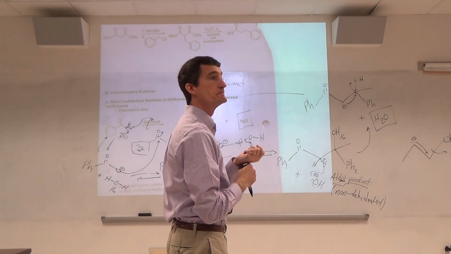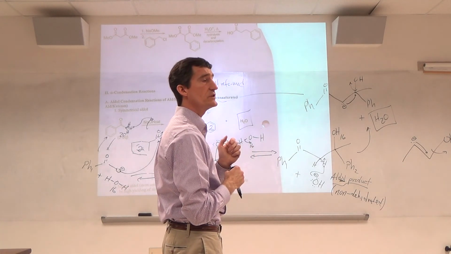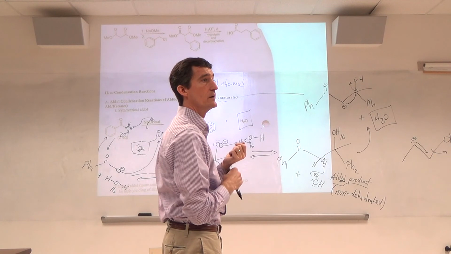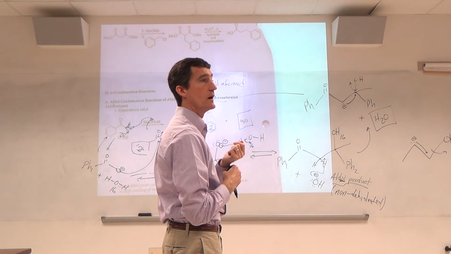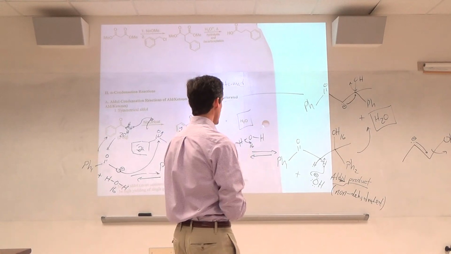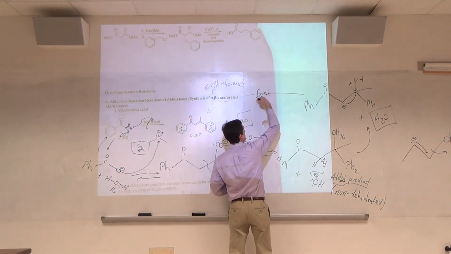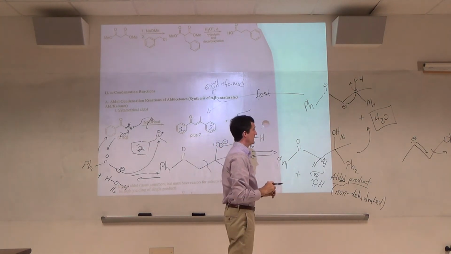Question? So why would it do E2? Why would it do E2? Because OH is not a good leaving group for E2. Hydroxide is not a good leaving group. This is a fast, non-rate determining step.